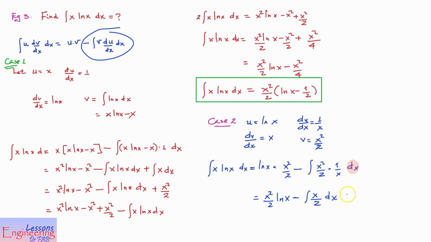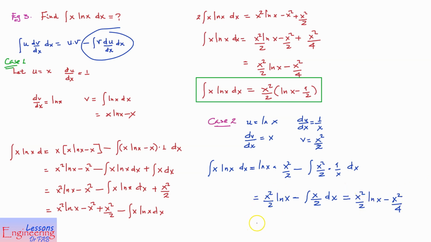So this is equal to x squared over 2 ln x minus, so the integral of x over 2 will be x squared over 4 plus constant, or we assume that to be 0.